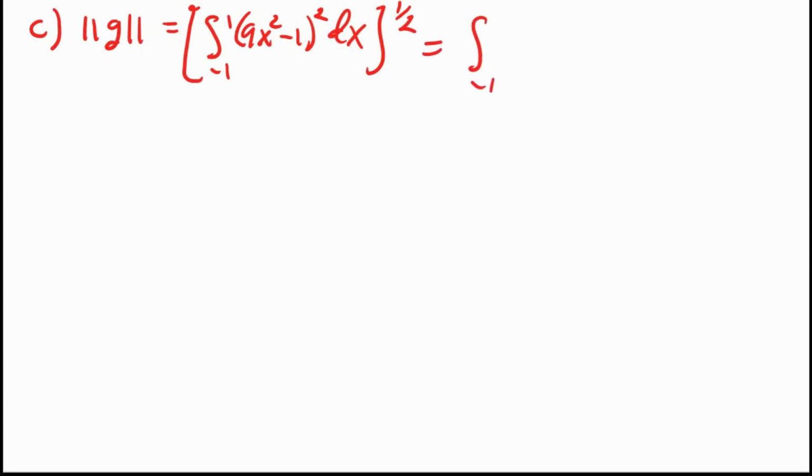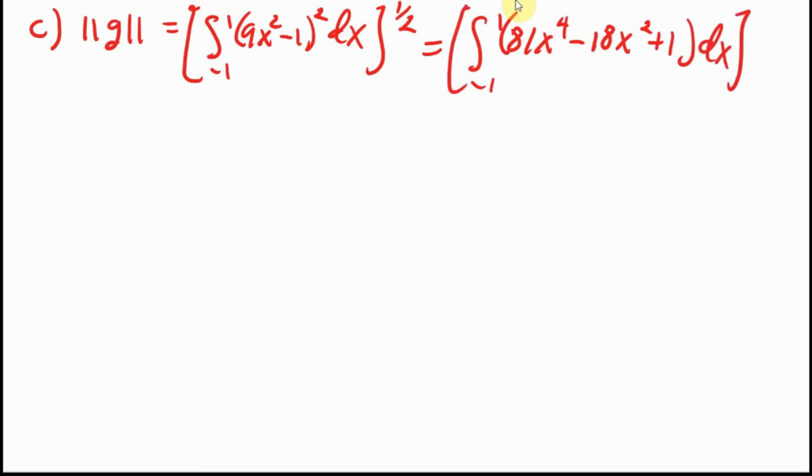This is the integral from negative 1 to 1. We FOIL that out, so we get 81x to the fourth minus 18x squared plus 1 dx, and then the result, we take the square root of that.